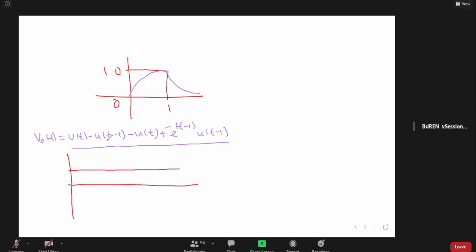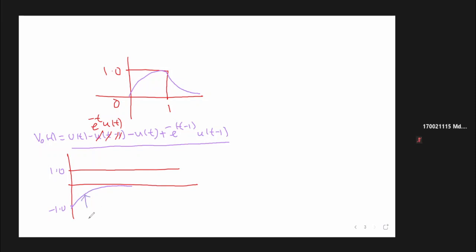And if we plot e to the power minus t ut, and it is minus, where will it go? This value is 1. This value is minus 1. Then your second term is something like this, isn't it? This curve is what? Minus e to the power minus t ut, isn't it?